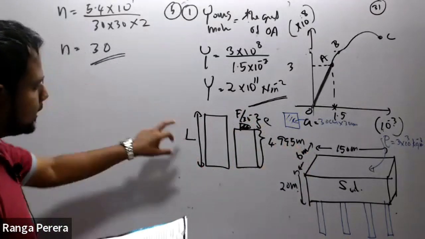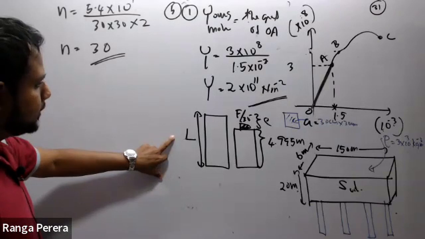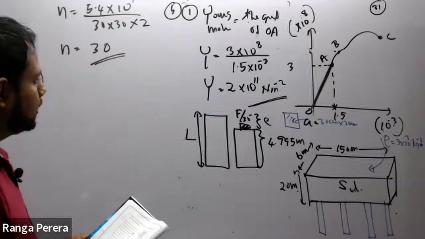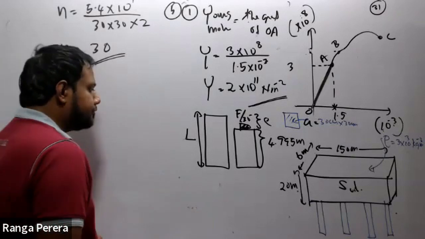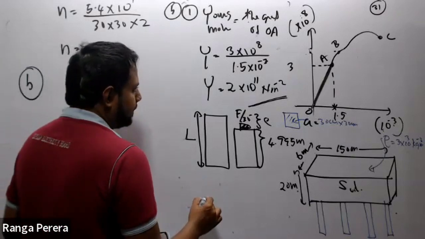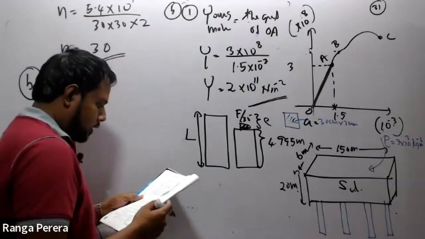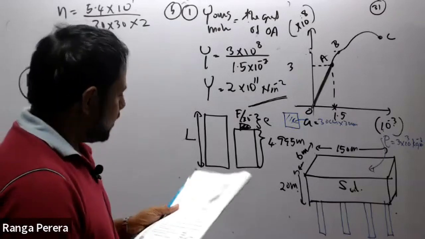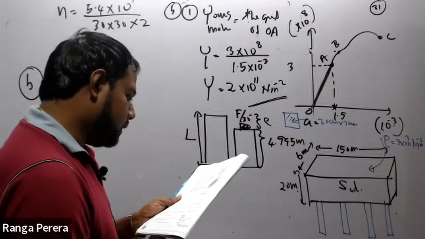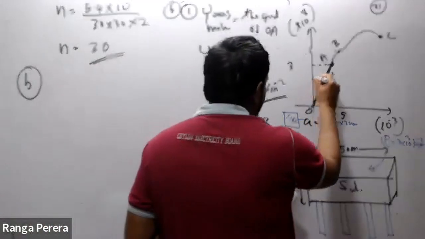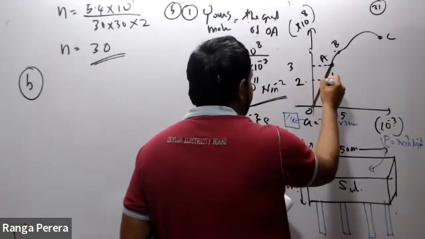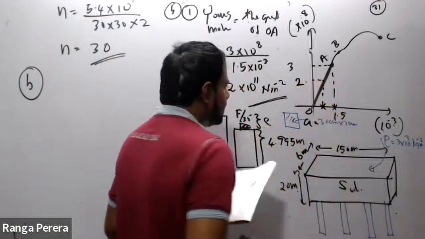So they ask you to find the L value, right? How to find it? We will find the strain first. How to find the strain? For 2 × 10 to the power 8, what is the strain?